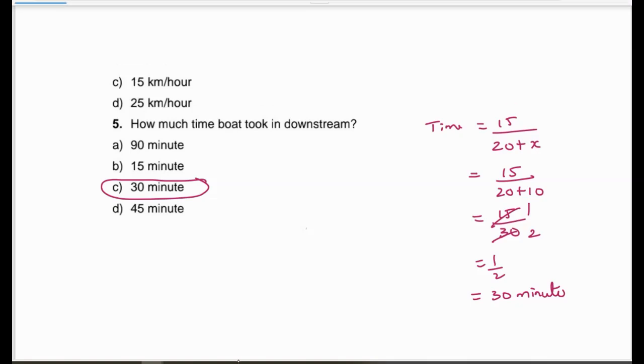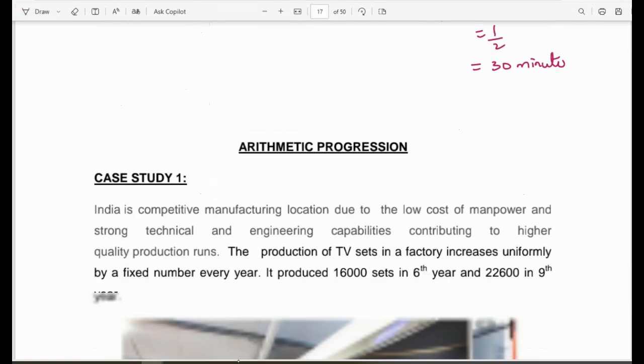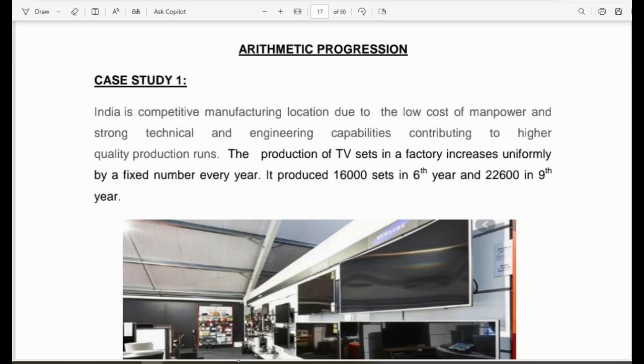Then the next question is arithmetic progression. In arithmetic progression case study 1, it says that India is a competitive manufacturing location due to the low cost of manpower and strong technology and engineering capabilities, contributing to higher quality production runs.